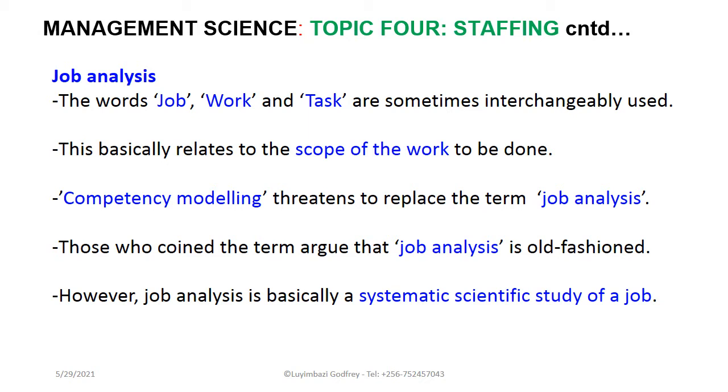Now, in studying the job, the investigator looks at things like the nature of that job, the various characteristics of the job. We ask ourselves questions: is the job characterized by repetitive tasks and things of that nature?